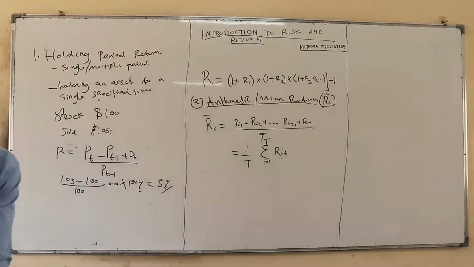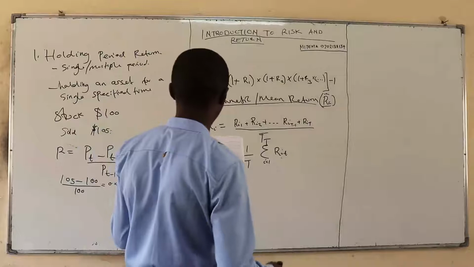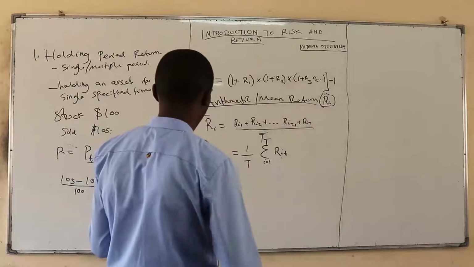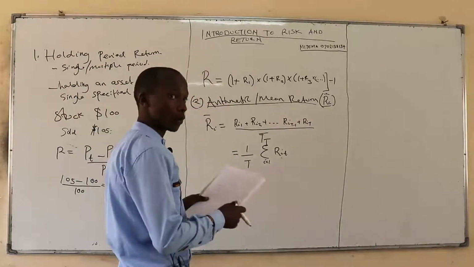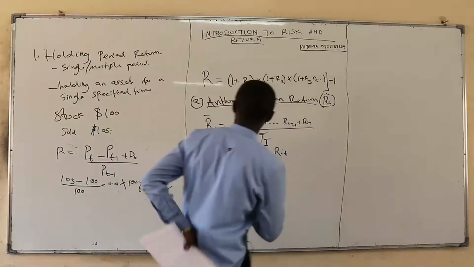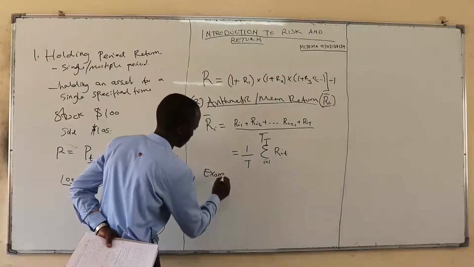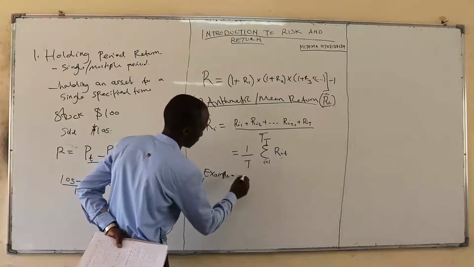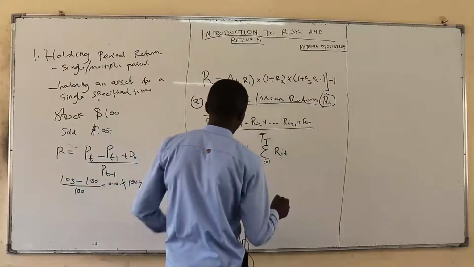The simplest way to compute the return is to take the simple average of all holding period returns. For example, you have minus 50% as a return of our investment.